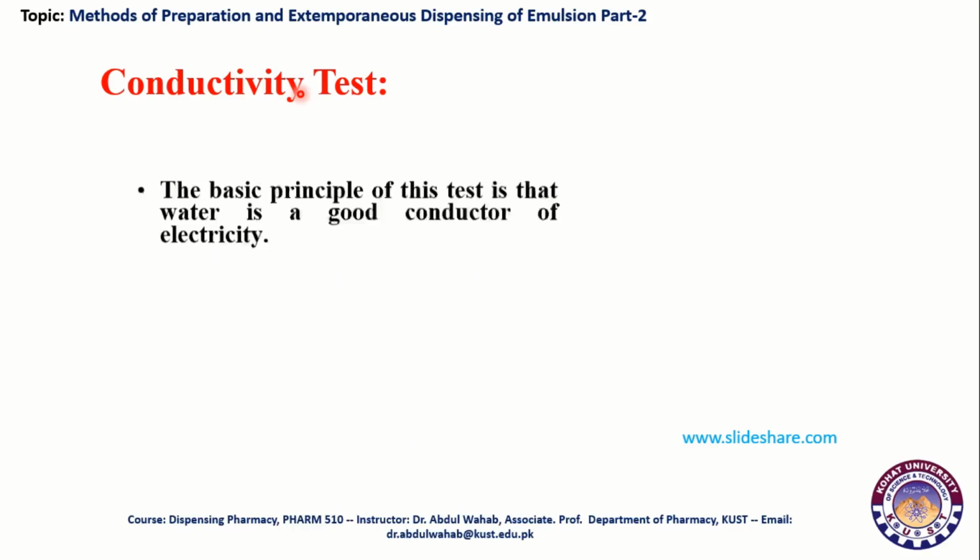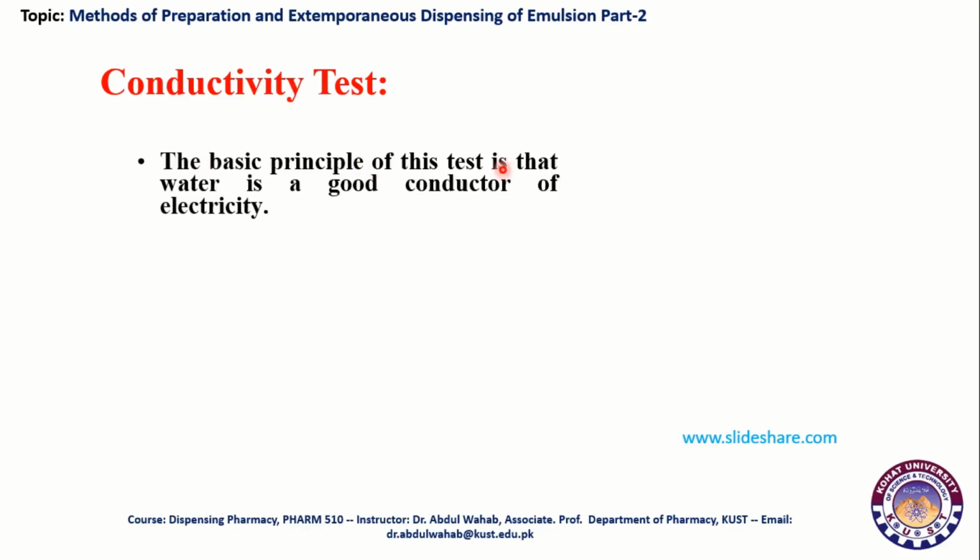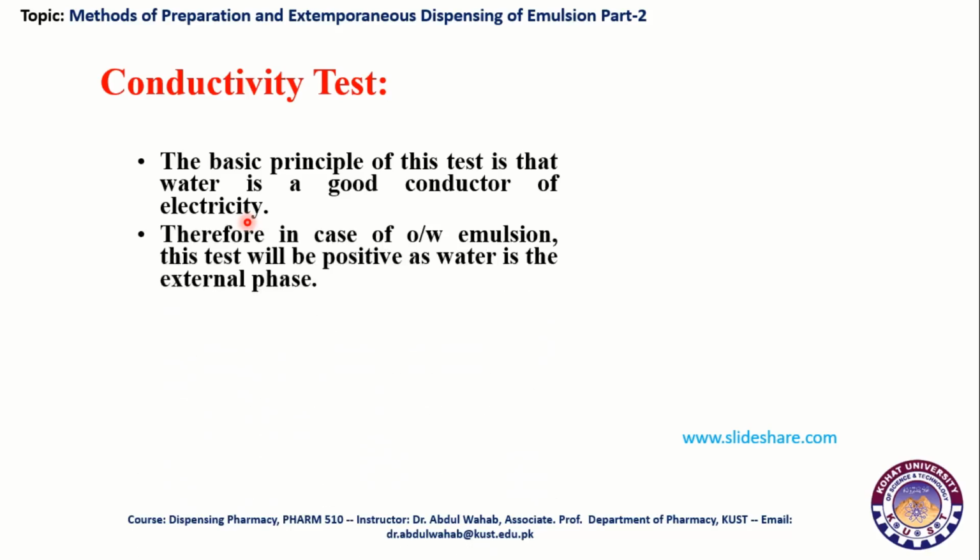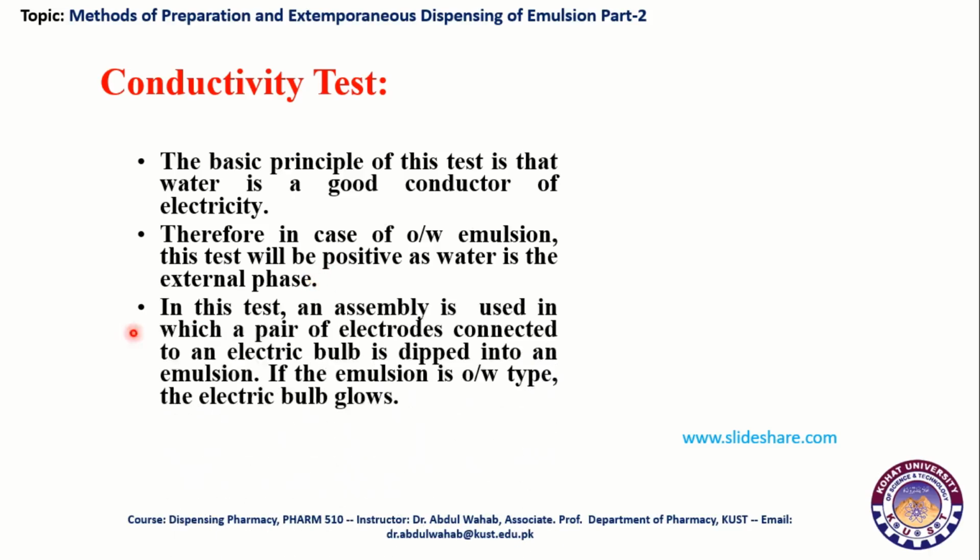Conductivity test. The basic principle of this test is that water is a good conductor of electricity. Therefore, in case of an oil in water emulsion, this test will be positive, as water is the external phase. In this test, an assembly is used in which a pair of electrodes connected to an electric bulb is dipped into an emulsion.